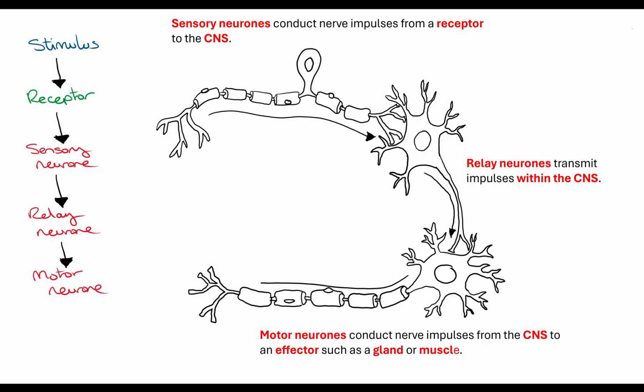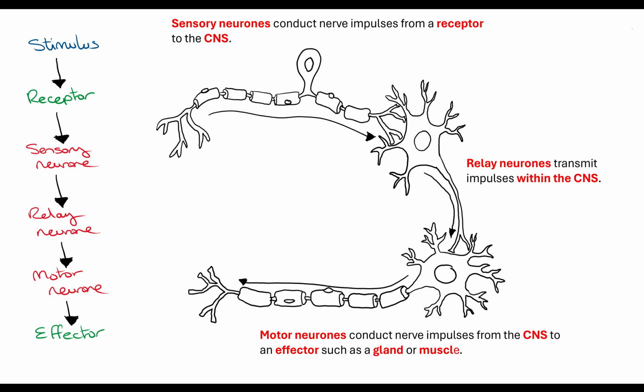So we have short axons, short dendrites, if we're identifying a relay neuron. And then we move on to our motor neuron. So our motor neuron is going to conduct the nerve impulse from the central nervous system to an effector. Now that effector could be a gland or it could be a muscle, but what we know is they have one very long axon, and because of that we tend to find the cell body is identifiable at the end with short dendrites.